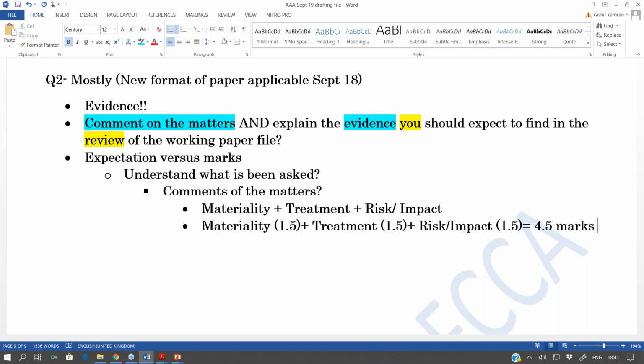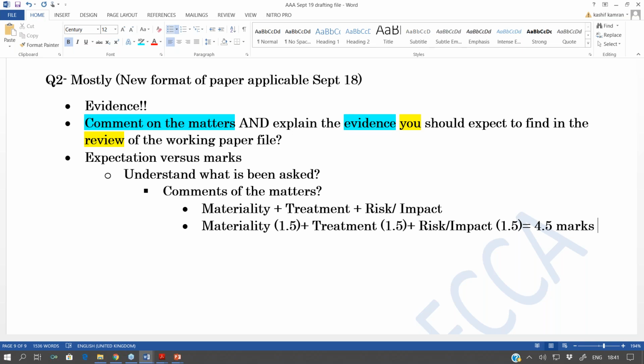Do everyone remember how we drafted a paragraph on ROMM yesterday? Is everyone clear on the marking scheme now? When you write an ROMM in question number 1, you get 3 marks, but when you write the same thing in a question on evidence, you straight away get 4.5 marks.